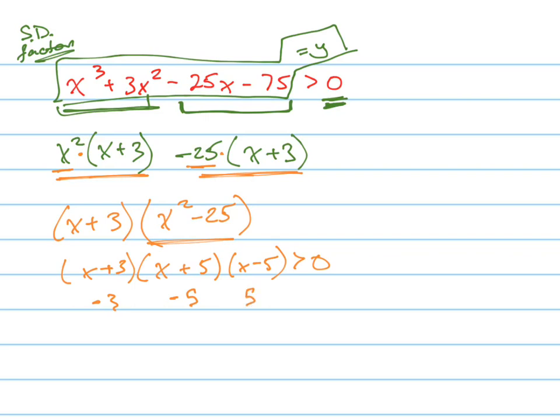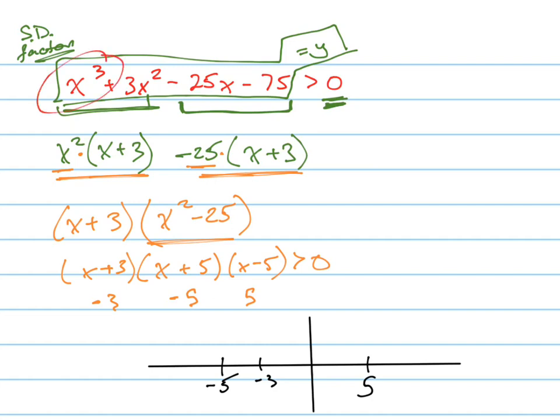Now when I look at the graph, I'll just squeeze it in down here. Negative 5, negative 3, and positive 5. What does this graph have to look like? Since it's a positive leading coefficient, with these three zeros, it's down on the left and up on the right, which means it has to go through like that.